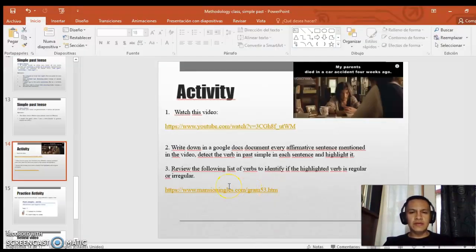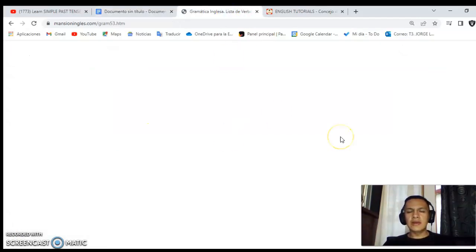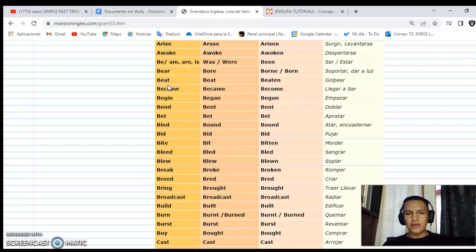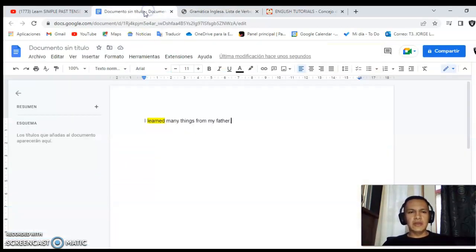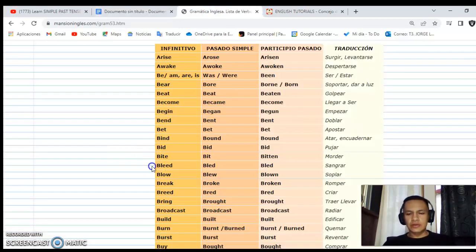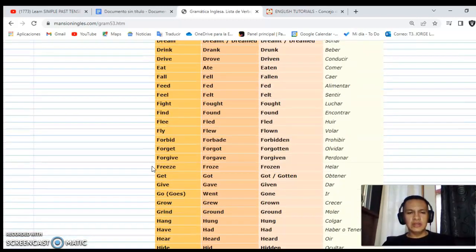And to identify it, we have to put at the end of the sentence if it is regular or irregular, and we can use this link, this chart that is really important, where you can find a good amount of irregular verbs. So for example, the verb in the sentence is learn. So we are going to search it in the chart.